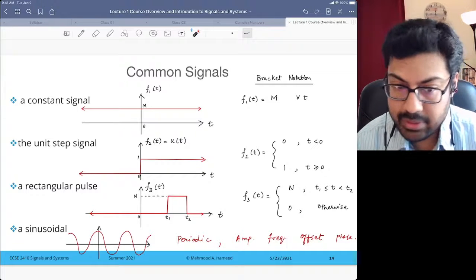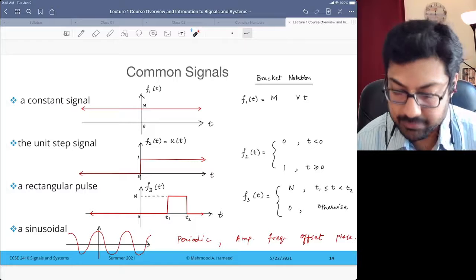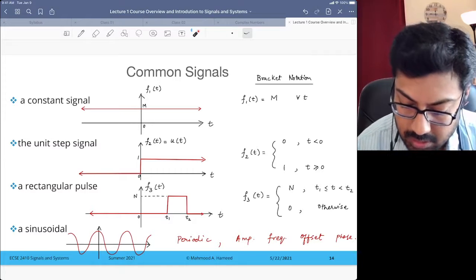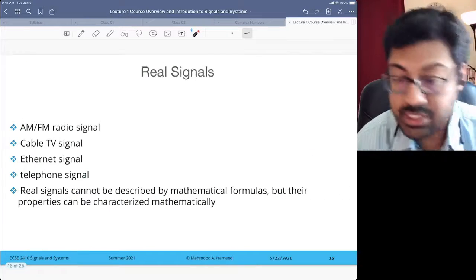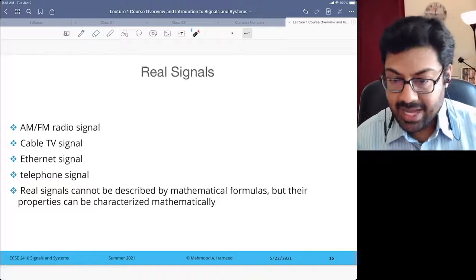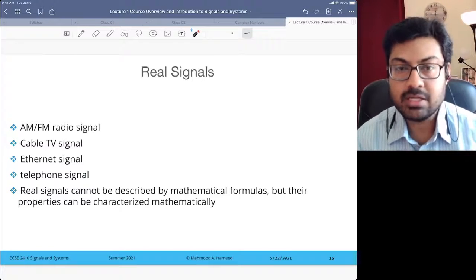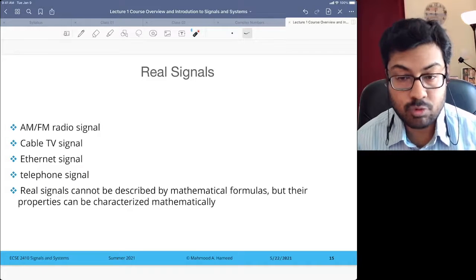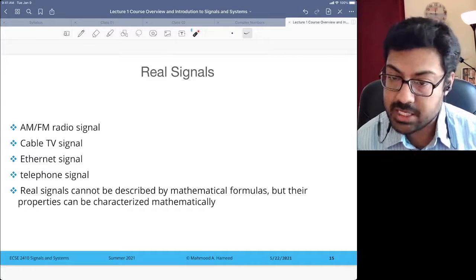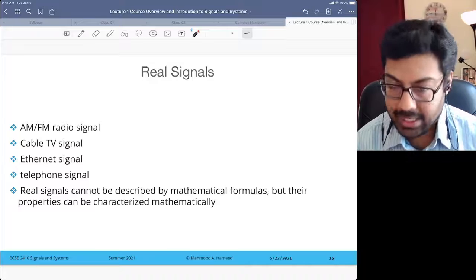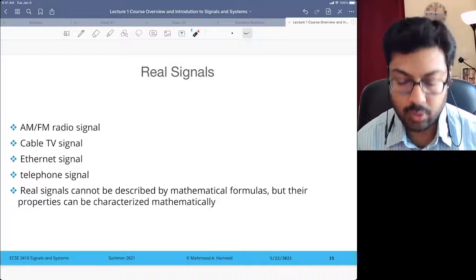There are 2 discontinuities in F3 of t. All right, let's see. Real signals. So, like I mentioned, real signals cannot really be described mathematically in closed form. However, their characteristics can be captured mathematically. Then that's what we are going to try to do.